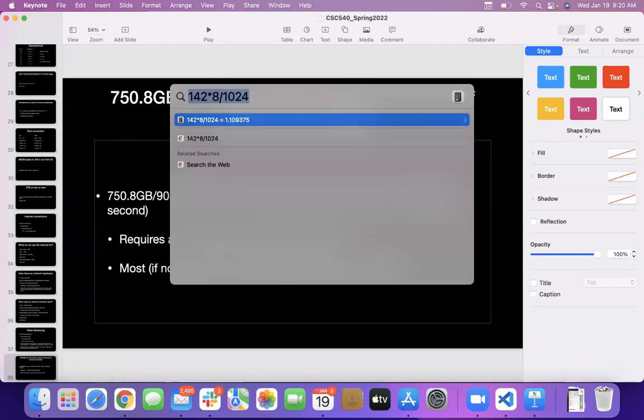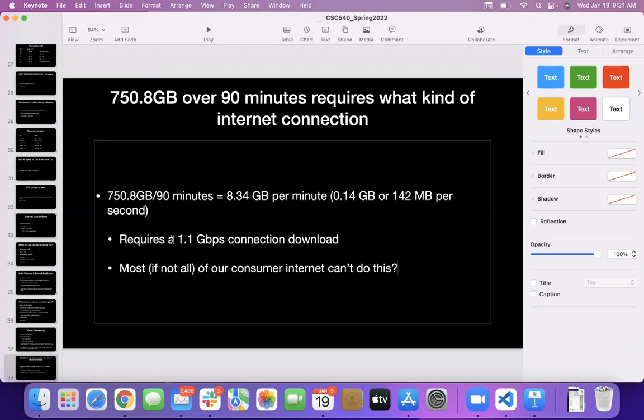Keep in mind that a 200 megabit per second internet connection divided by 8 is 25.